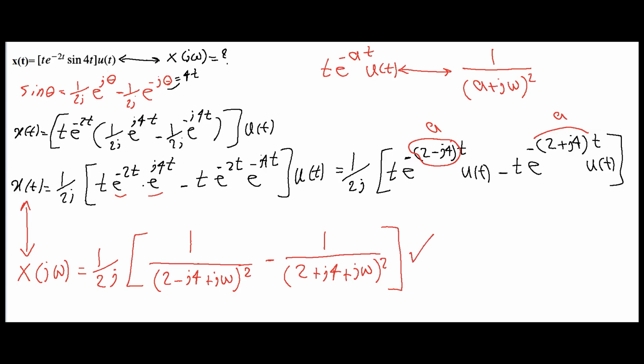So in this example we used Euler's formula, signal simplification, and known Fourier transform pairs to compute the Fourier transform of the signal step by step.